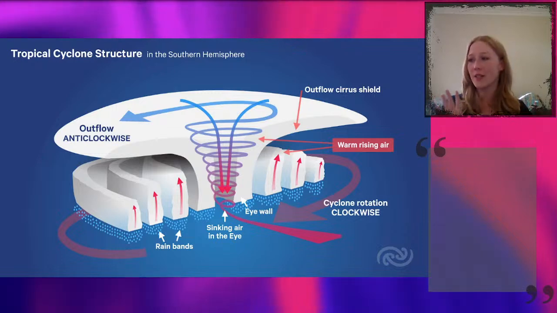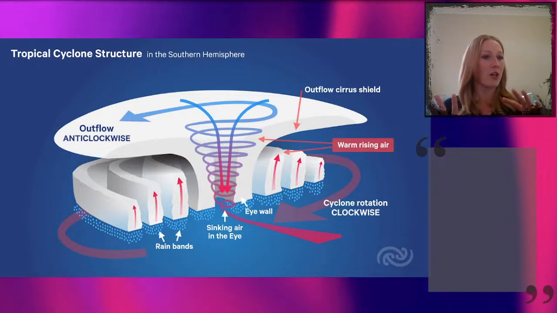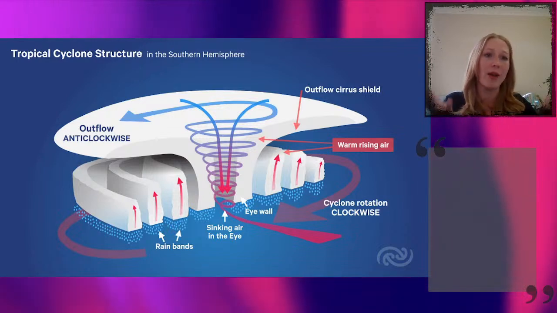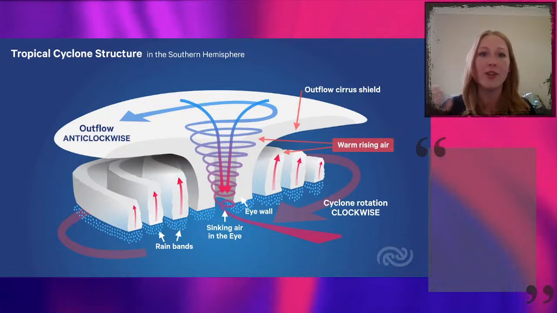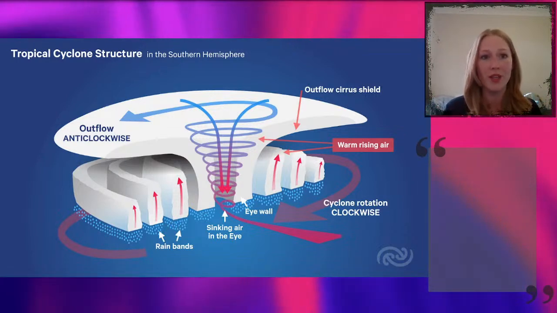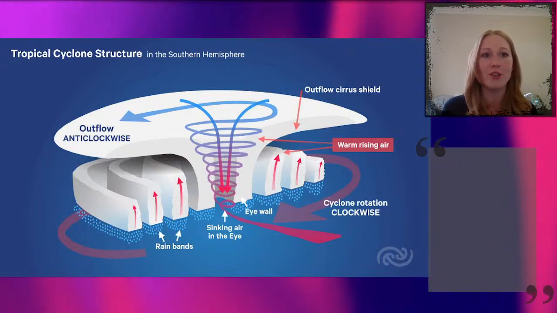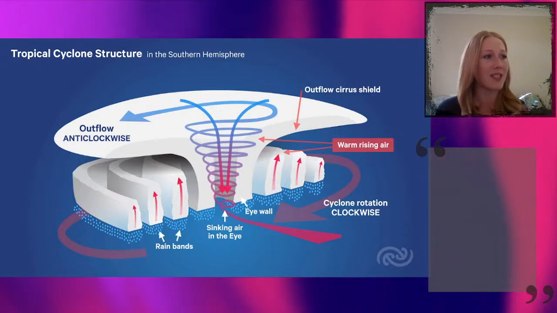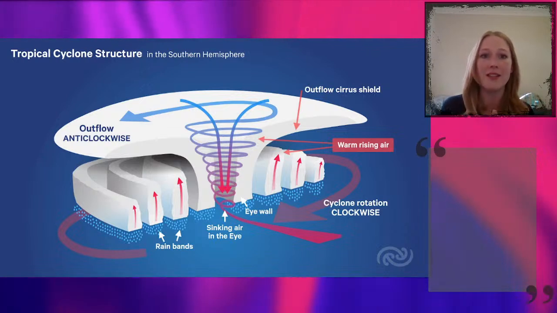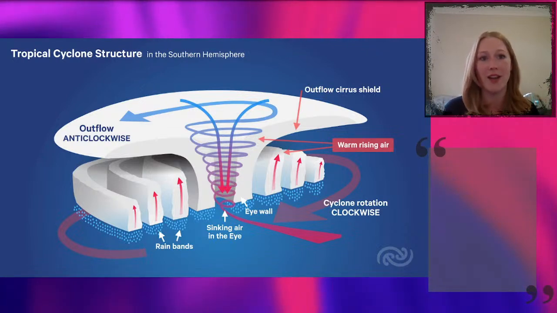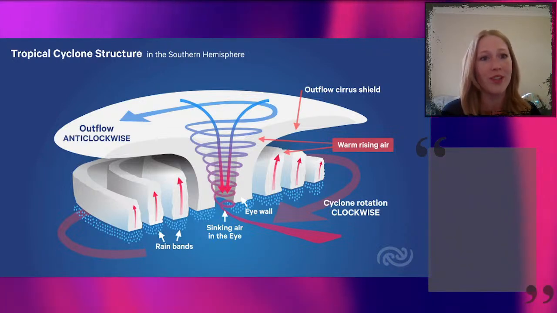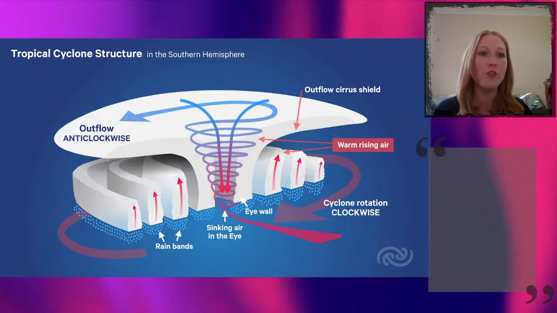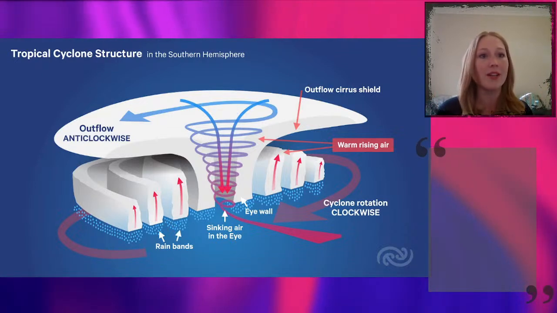It picks up all of that warm, humid air, and as it starts to rise, that humid air will cool. And when it cools, it condenses. As it condenses, it releases this energy, this heat that drives the hurricane or cyclone. So a hurricane or a tropical cyclone is fueled by condensation.